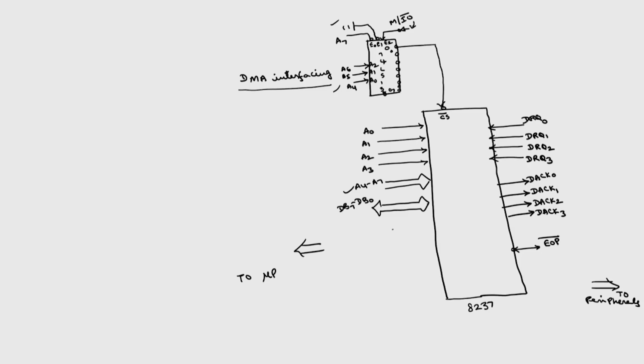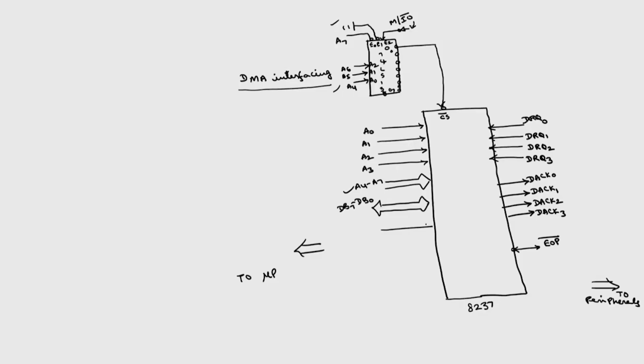Then we have 4 control signals we know, memory read, memory write, IO read, IO write. This is memory read bar, memory write bar, IO read bar, IO write bar.